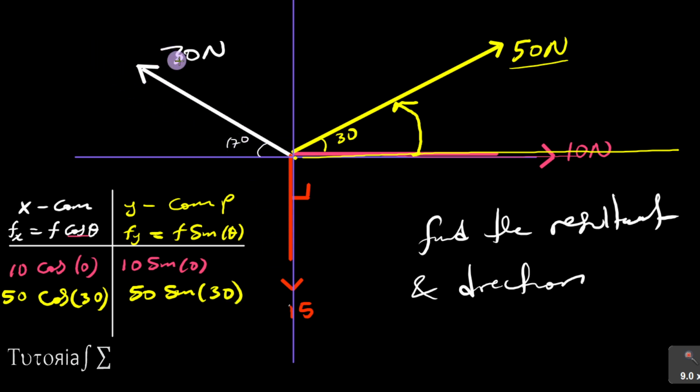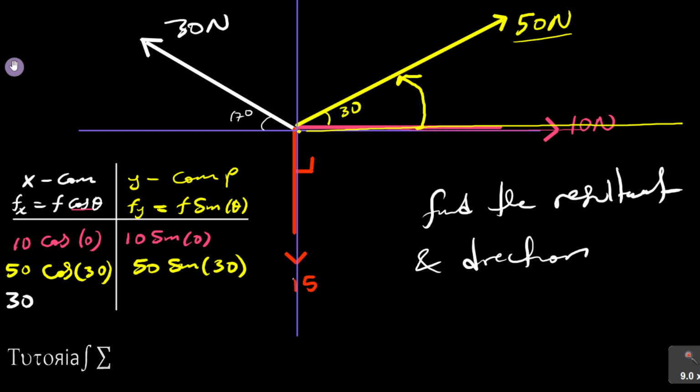Okay, now we do the same for this one. So this one is 30 newtons, I mean 30 magnitude. Now, what is the angle at which this vector is at? So remember, we always measure from the positive x-axis to get there. Okay, so now what is this angle from here up to there?